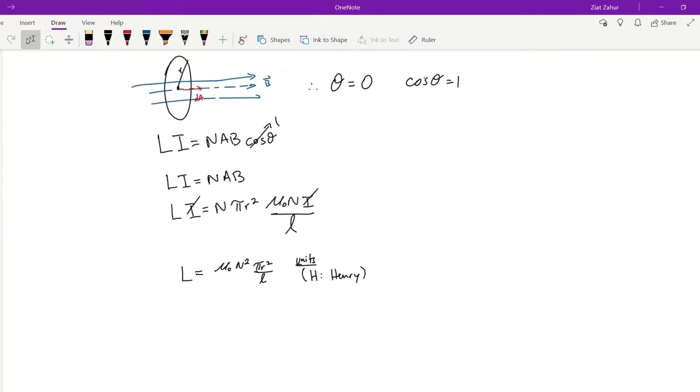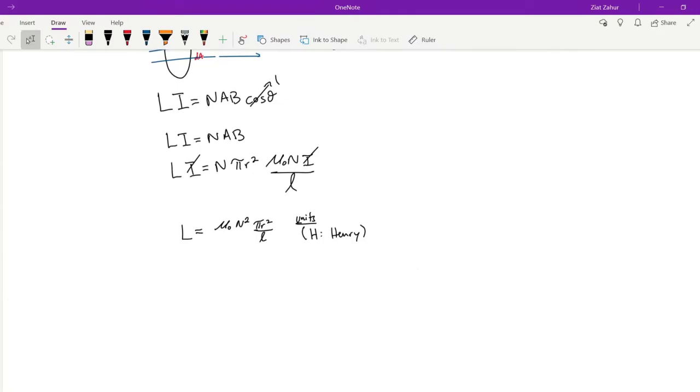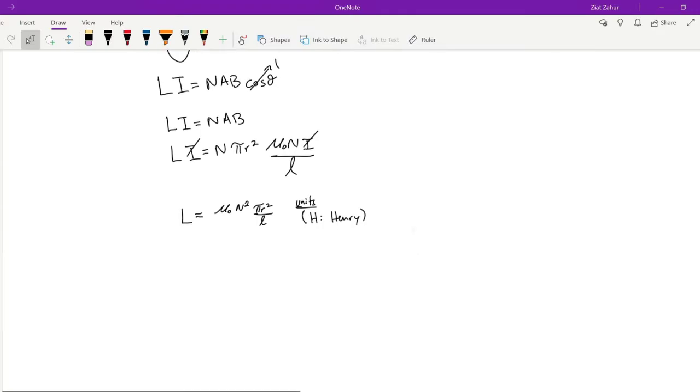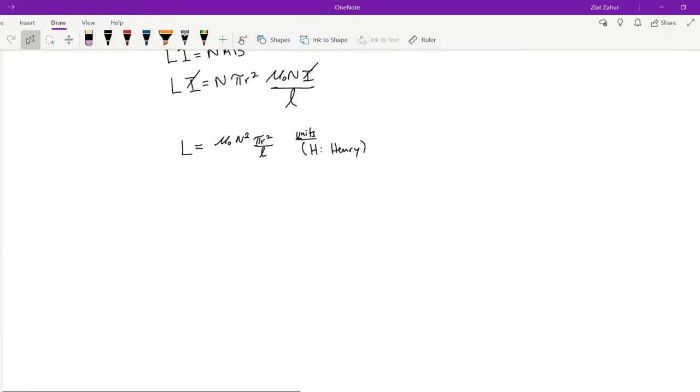Okay. All right, so let's go ahead and put this in a circuit and see how that affects it. So let's do a simple circuit with a battery, sorry, EMF, like so. Or just call it V if you want.